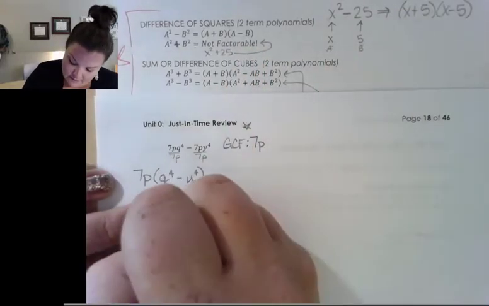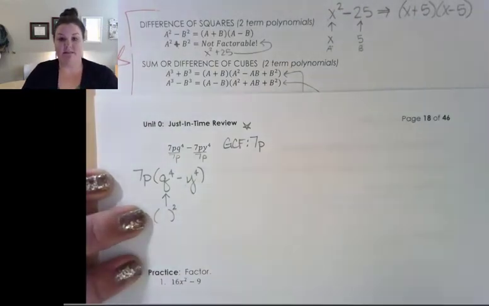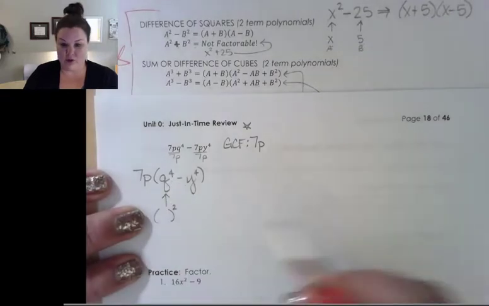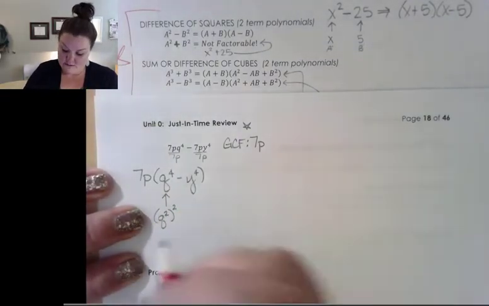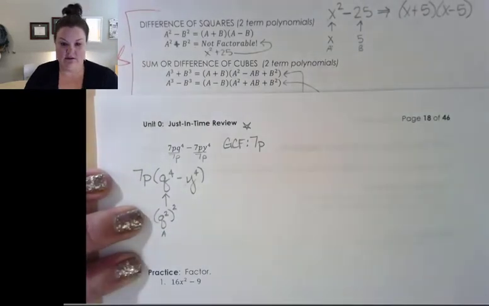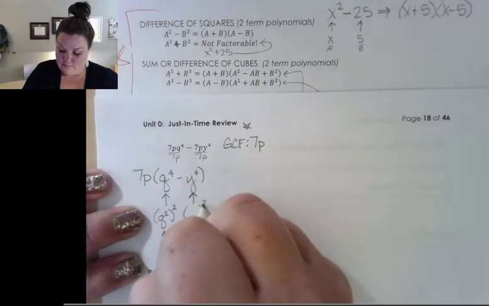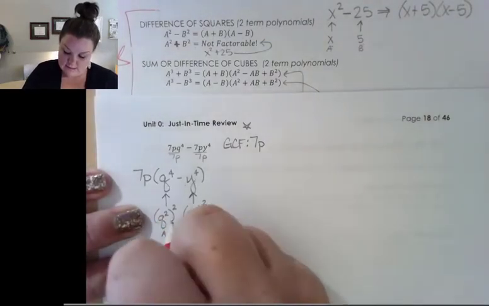So let's see. Looking at q to the 4th, and I want to write this as a perfect square, what I would have to square to get q to the 4th would be q squared, right? So this is my first base. What do I have to square to get y to the 4th would be y to the 2nd.